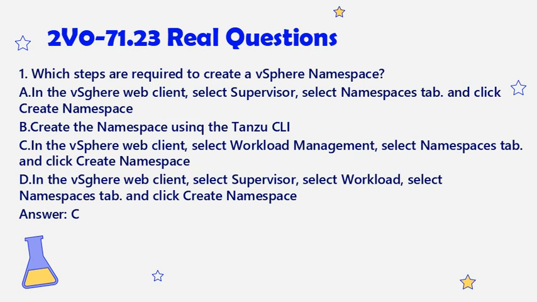C. In the vSphere web client, select Workload Management, select Namespaces tab, and click Create Namespace. D. In the vSphere web client, select Supervisor, select Workload, select Namespaces tab, and click Create Namespace. Answer: C.